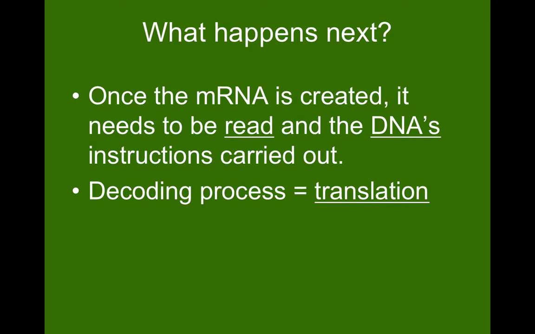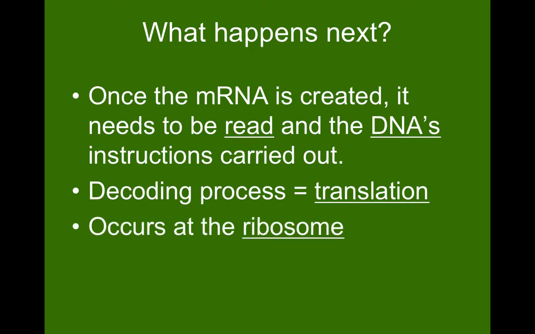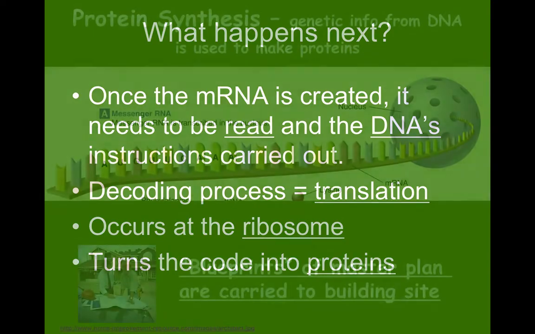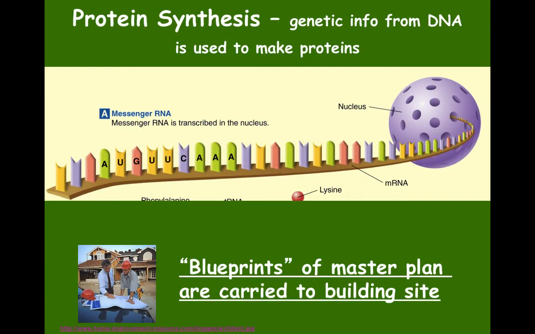So now I'm going to turn it into something else. In this case, I'm going to turn that genetic code into a protein. This occurs at the ribosome, and like I said, we're translating the code into a protein. So again, this is the second step in protein synthesis.